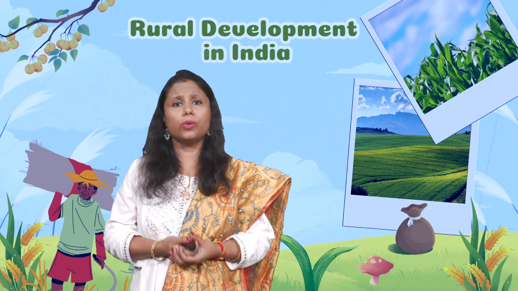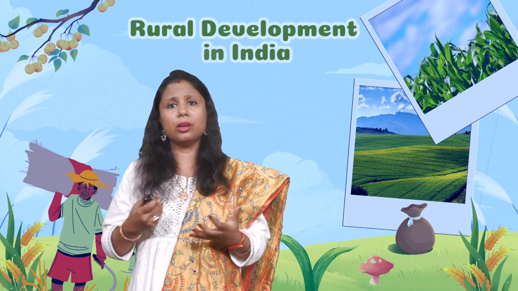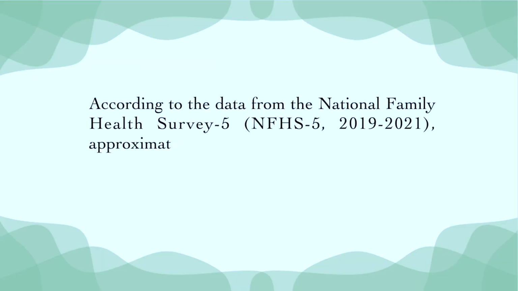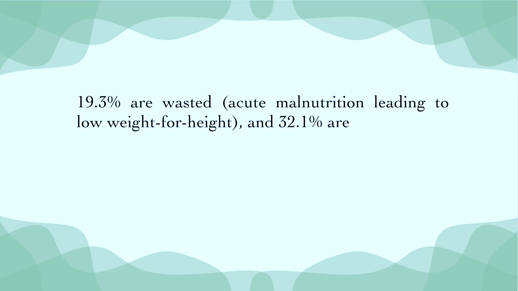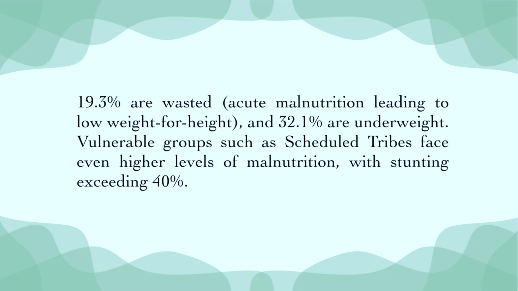Now, if we take into account the data from the National Family Health Survey 5, that is NFHS 5, approximately 35.5% of the children under the age of 5 are stunted, which reflects chronic malnutrition, thereby affecting their growth, and 19.3% are wasted, which suggests acute malnutrition leading to low weight considering their height, and 32.1% are underweight.